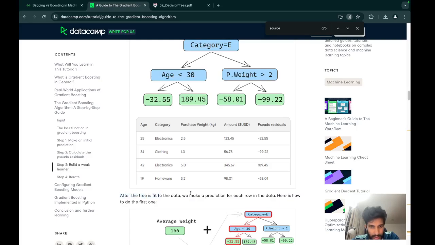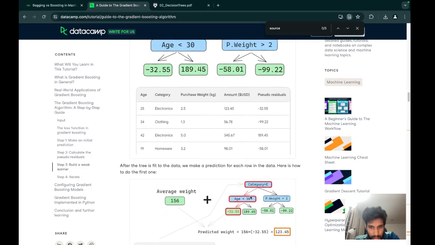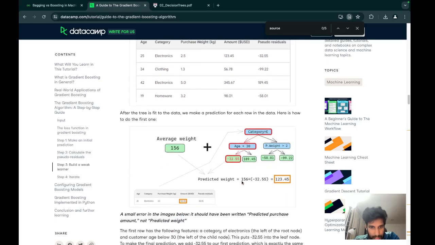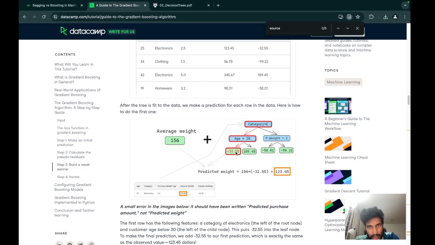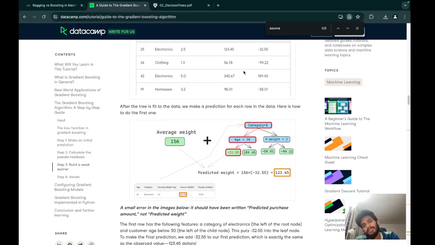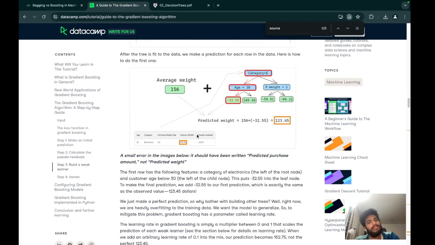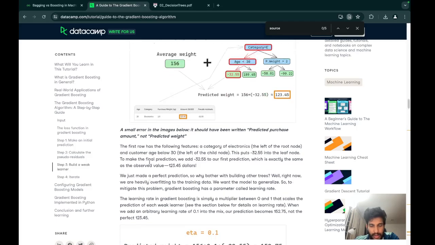After the tree fits the data, we make a prediction for each row in the data. Then we take the average weight minus this predicted weight, so we get 123. A small error in the images which have been predicted purchase amount not predicted.